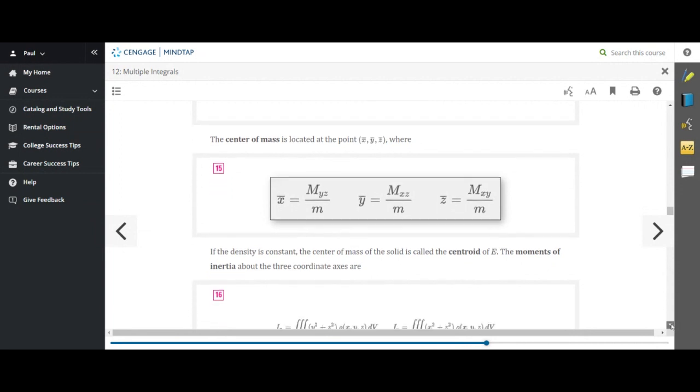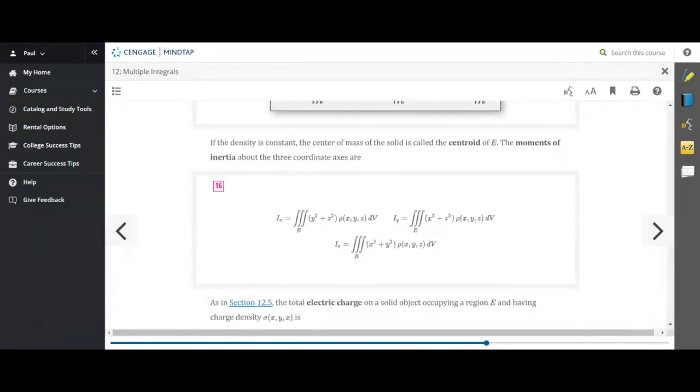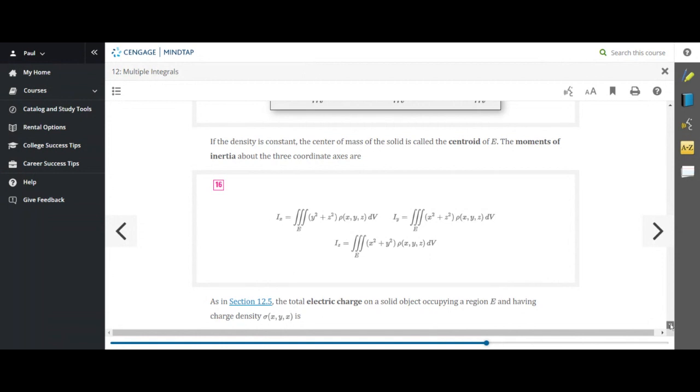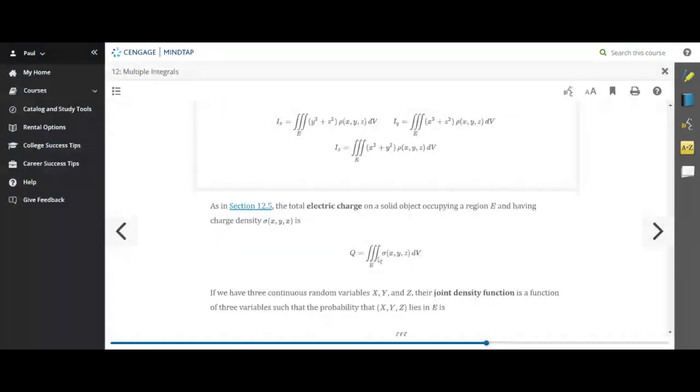Now, just to mention, they talk about also moments of inertia, and we won't get into moments of inertia in this class. Another definition is electric charge: the total electric charge on a solid object occupying a region E and having a charge density.